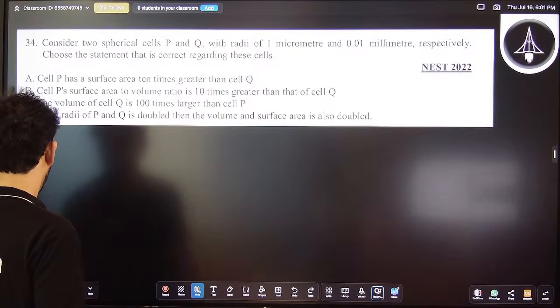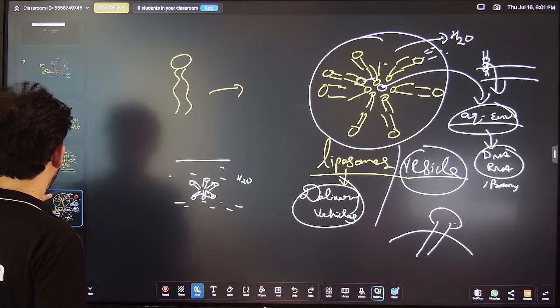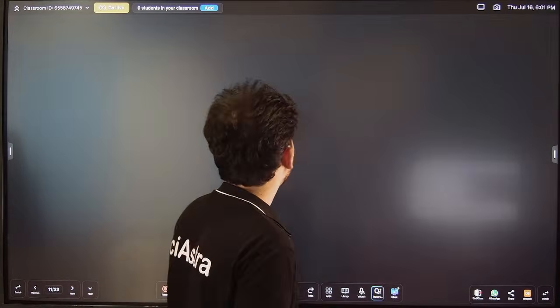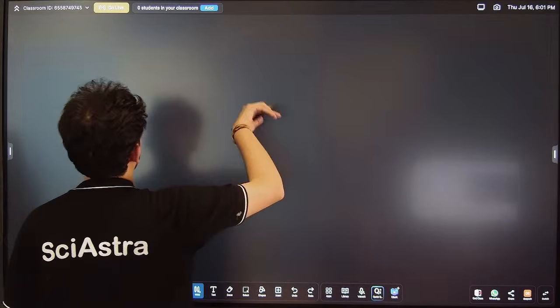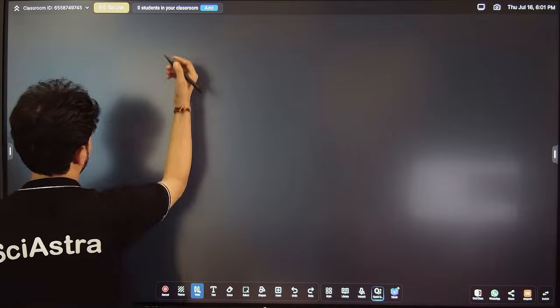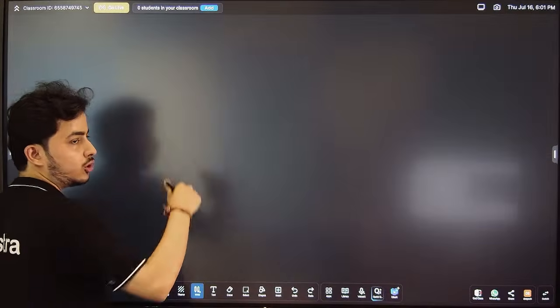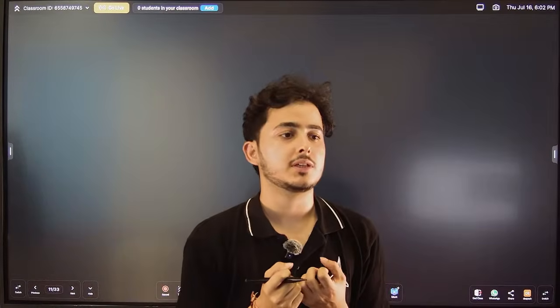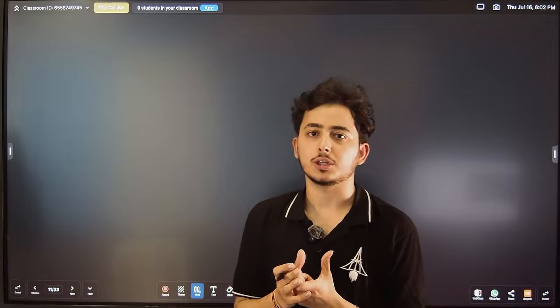Okay, so now let's start another important topic. If cells have to survive, they want to take a particular shape. The compartment, you can ask me why the compartments are only spherical in shape, right?